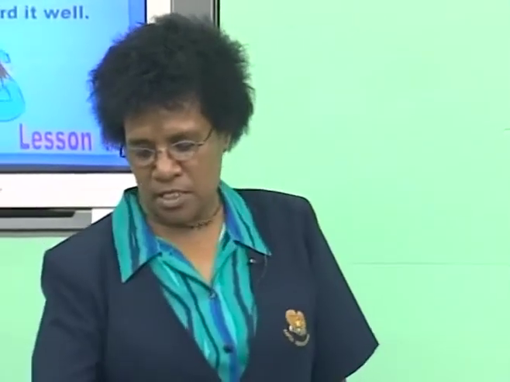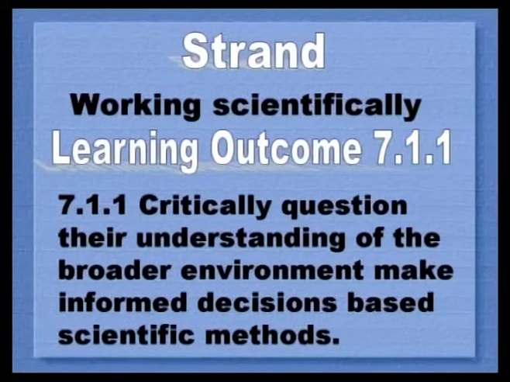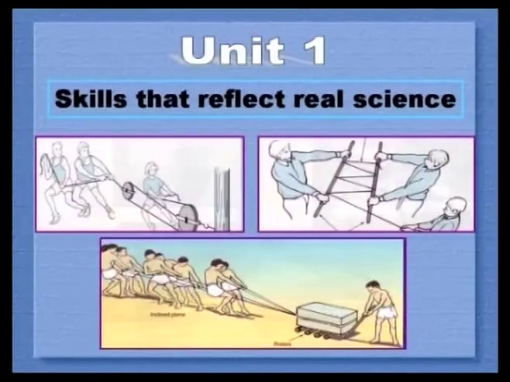Once again, class and receiving students and teachers, we are still on the same strand. We don't have a sub-strand, but we have the strand, learning outcome, and unit title. Before we go to our lesson topic, you were given homework to do.